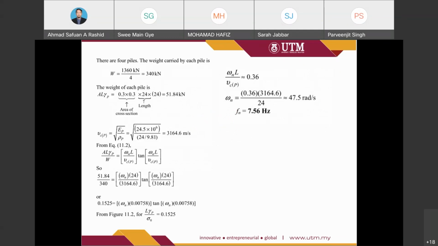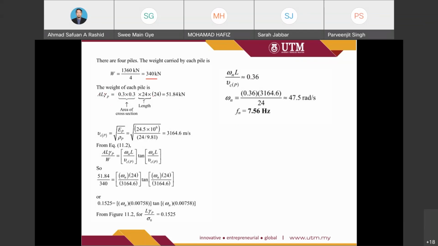So there are 4 piles there. The weight carried by each pile is 1,360 divided by 4, so the value is 340. Then the weight of each pile is obtained from the area times the length times the unit weight of the concrete.